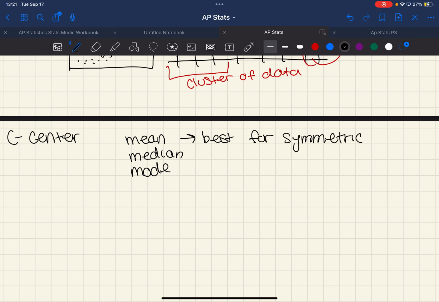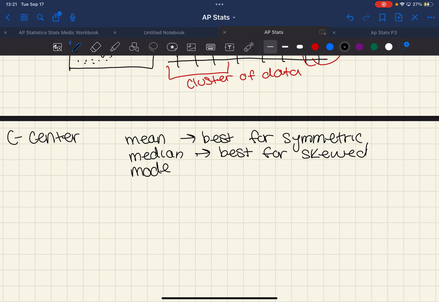The median is the middle value in the data set when the values are ordered from least to greatest. It is often considered a better measure for skewed distributions. Best for skewed. The mode is the value that occurs most frequently in the data set. In a symmetric distribution, mean, median, and mode are often close to each other or even equal, depending on the shape.